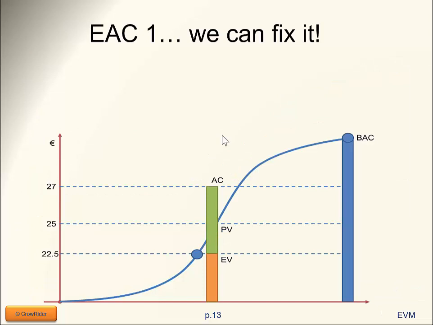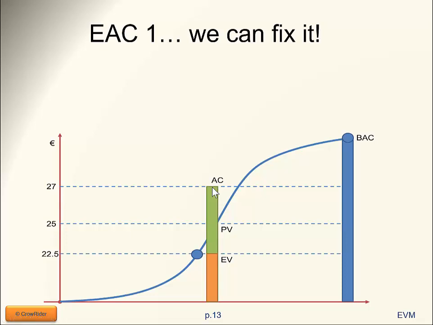This is the assumption that we are making. Given our situation, we can fix the root cause behind the deviation. So in this case, what does it mean? It means that until today, the effect of the deviation has impacted my cost. I wanted to spend the earned value. I've in reality spent the actual cost.